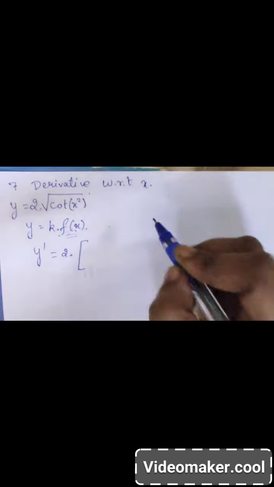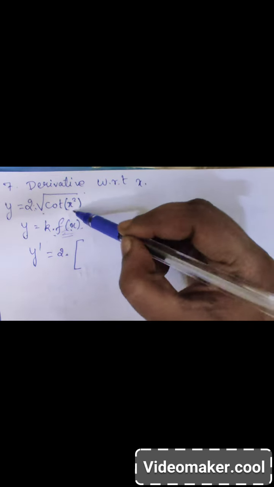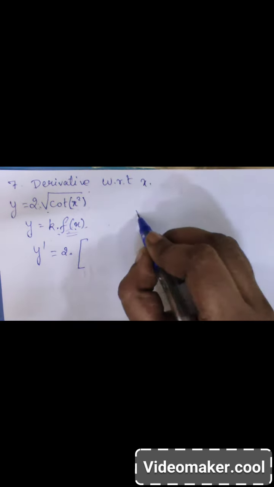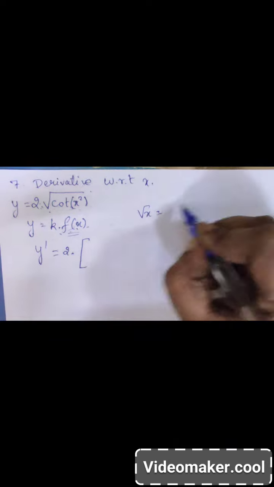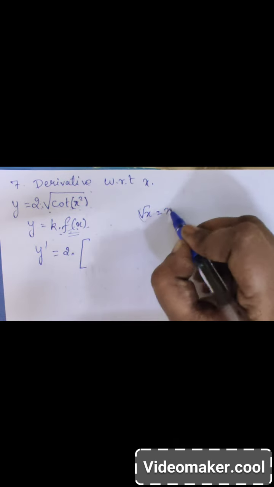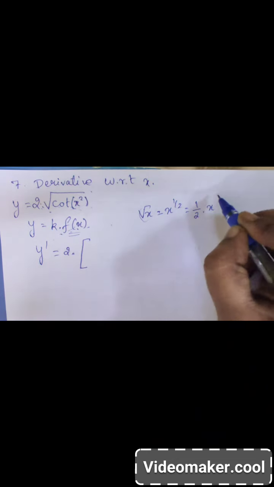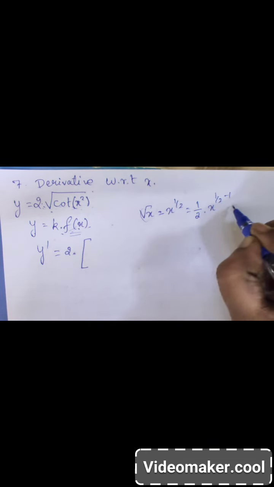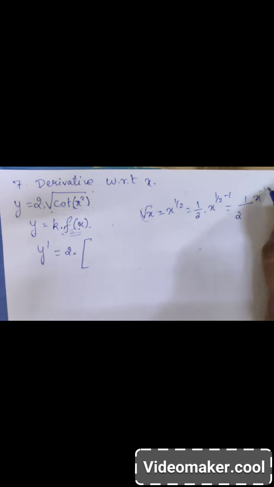Now we will start finding the derivative of square root of cot x square. For the square root of x, we consider the full term as x. The square root of x is x to the power 1 by 2. Its derivative is 1 by 2 x to the power 1 by 2 minus 1, which is 1 by 2 x to the power minus 1 by 2.